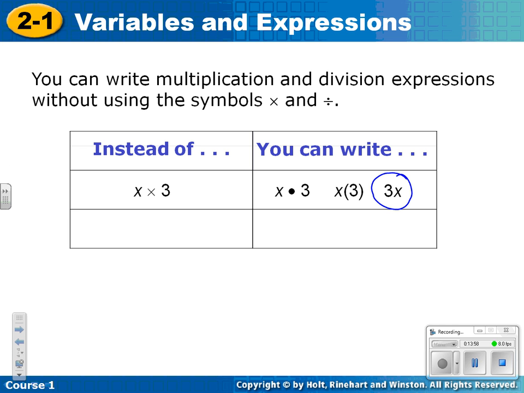If you have a number right next to a letter, those two are being multiplied. Do you understand that? This is 3 times x. Do you see that? 3 times x.